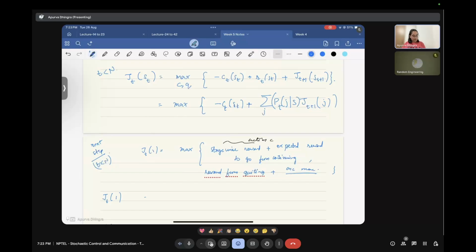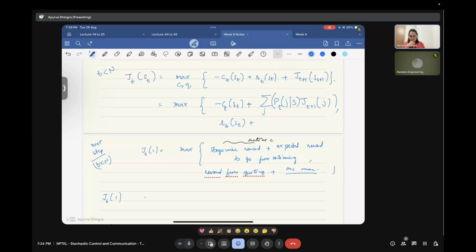This is one scenario. The other scenario is if instead of continuing you decided to quit, so an offer was given, what you would end up with would be rt of st. That's the first term. The second term is if you have already quit, then there's no next state to go to.